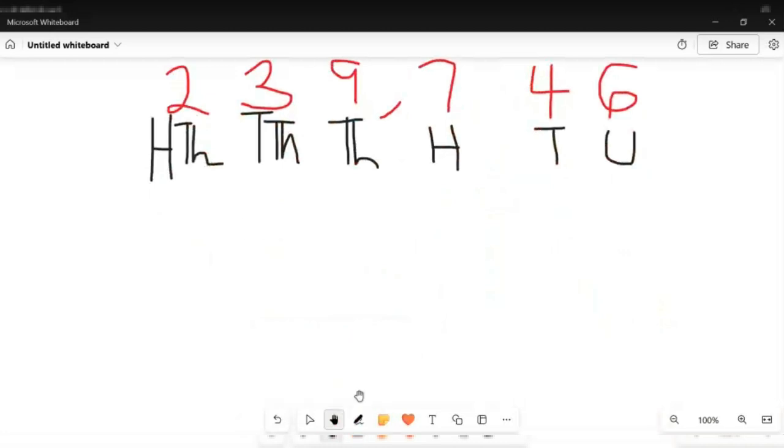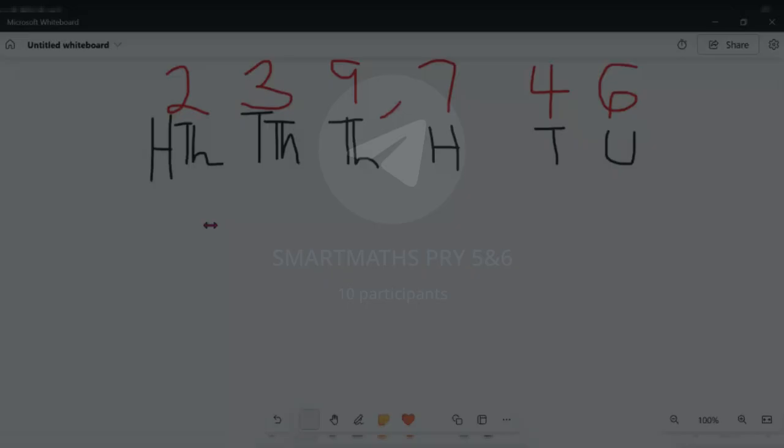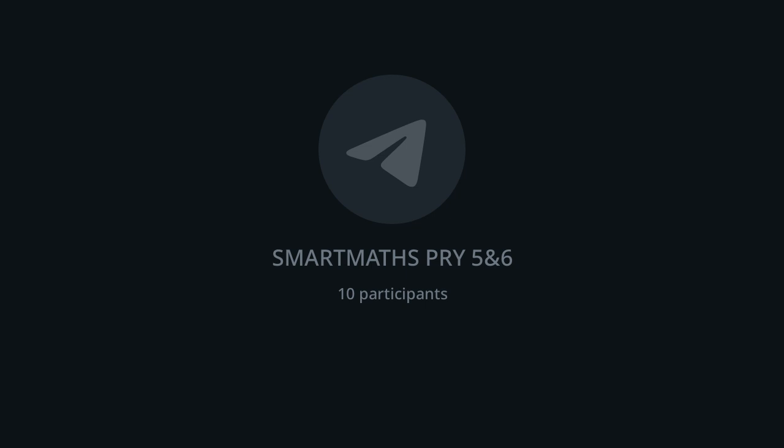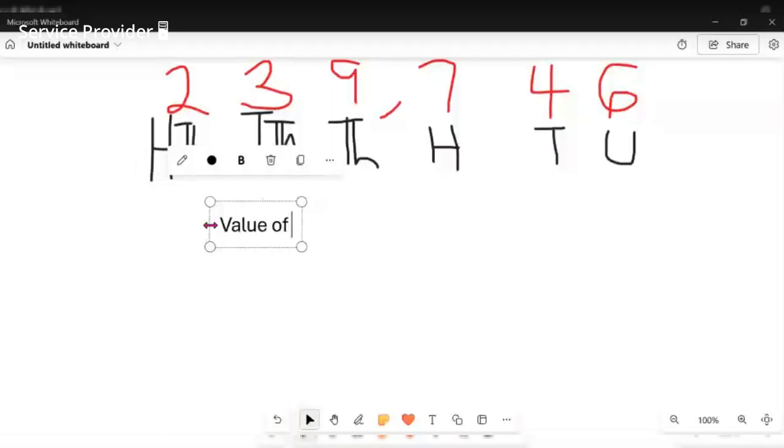When I say value of number, it's a different thing than saying place value. So value of number actually refers to something. Who can help me out on that? When I say value of number, what am I referring to?